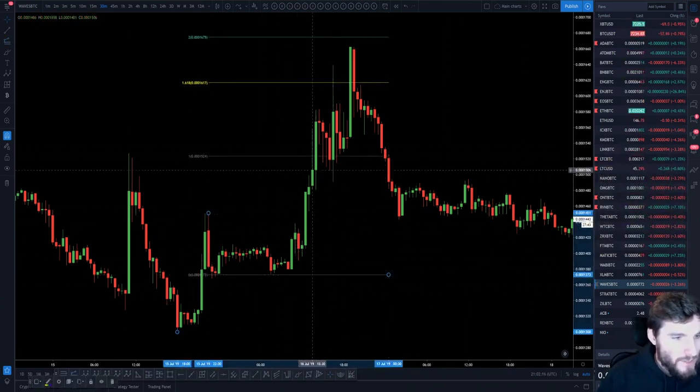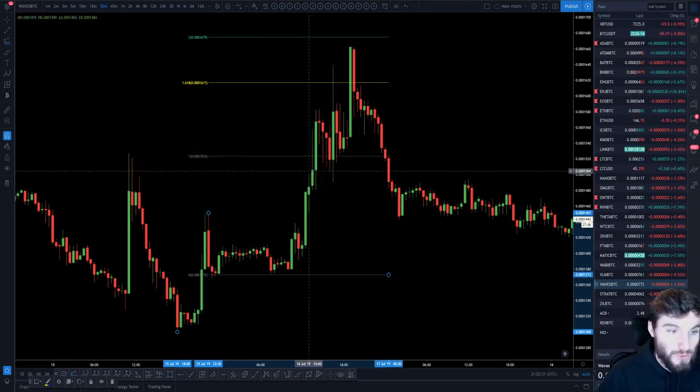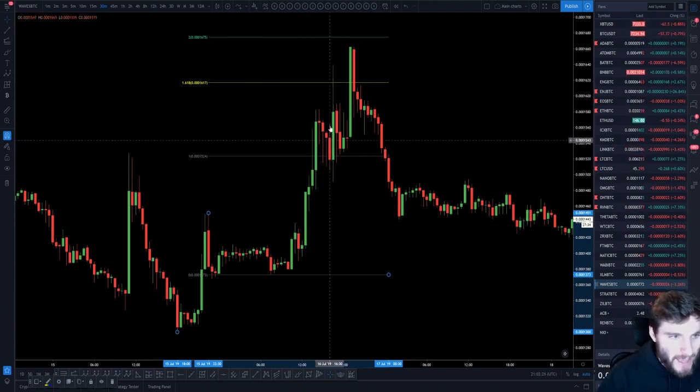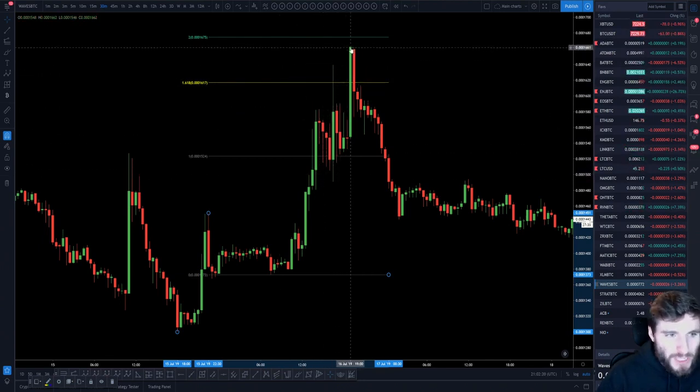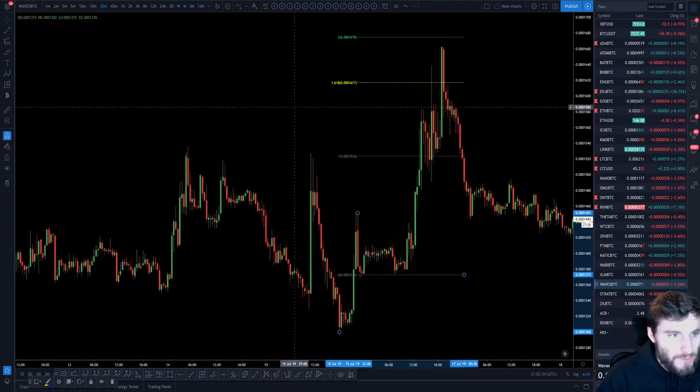You get a bit of a reaction at the 1-to-1, or movement around the 1-to-1, but ultimately you get to the 1618, a wick down again, so you get a reaction off the 1618, ultimately pushing up again. In between there's no actual fib that you bounce off of.